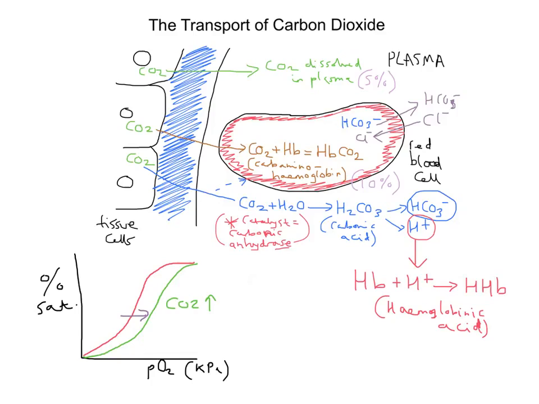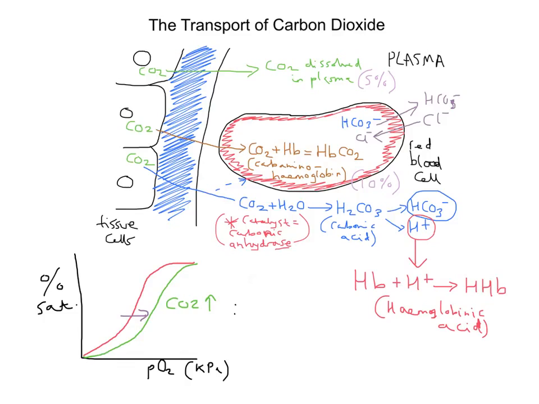Now that ultimately would mean that more H plus ions are released. So there's more competition for hemoglobin. As a result, more oxygen would dissociate from oxyhemoglobin. So that's why the oxygen dissociation curve shifts to the right, as the body now requires essentially a higher partial pressure of oxygen to effectively saturate that hemoglobin. And it's this that's known as the Bohr Shift.